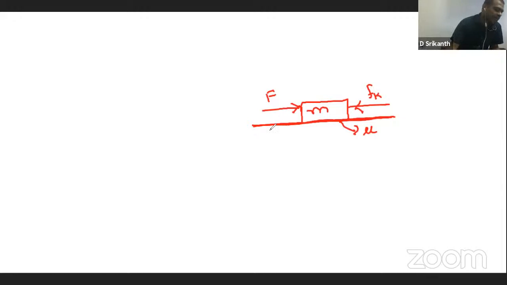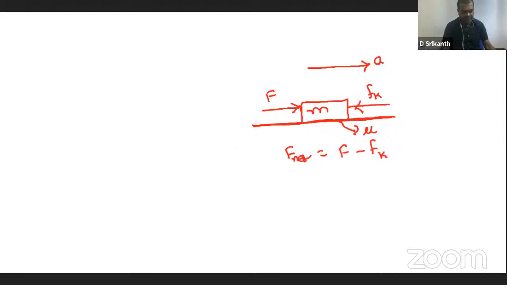Due to the driving force or applied force and the frictional force, we are having an acceleration. So the resultant force I can write as driving force minus frictional force. Due to this resultant force, we are having the motion in the block.